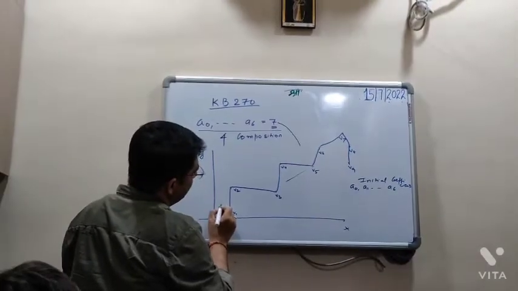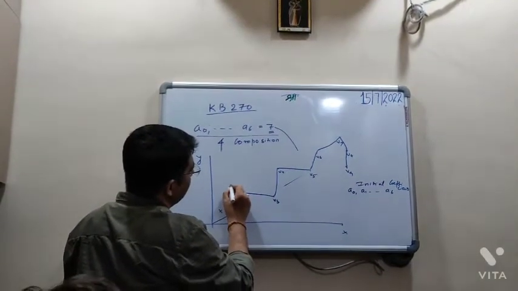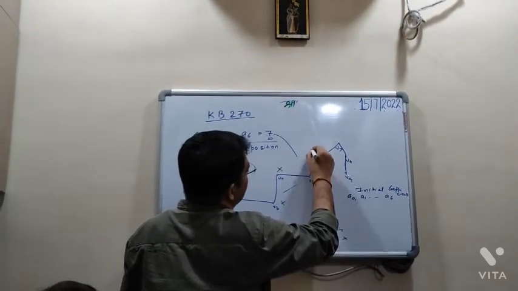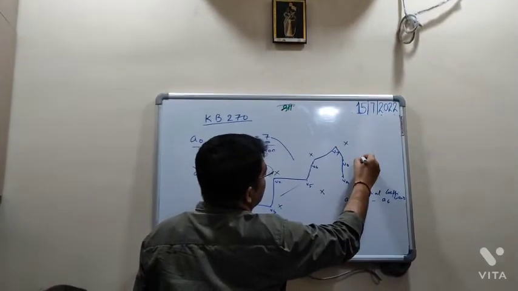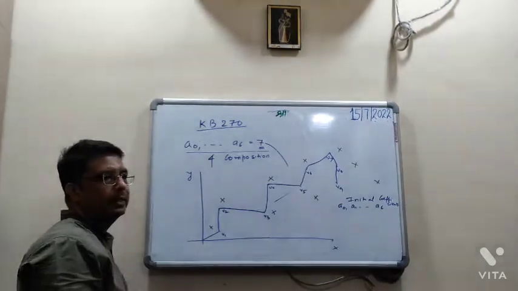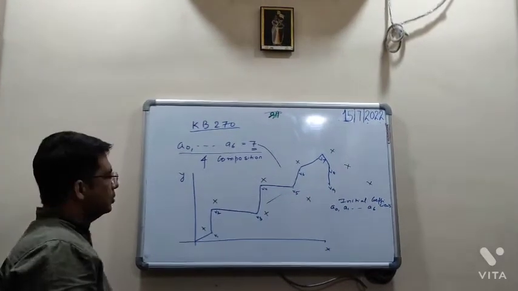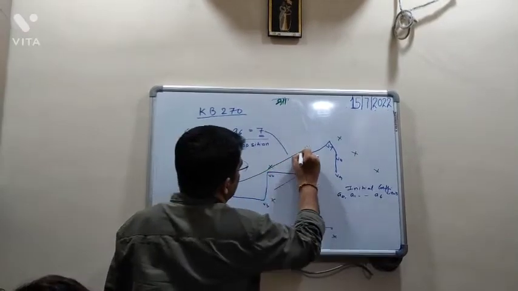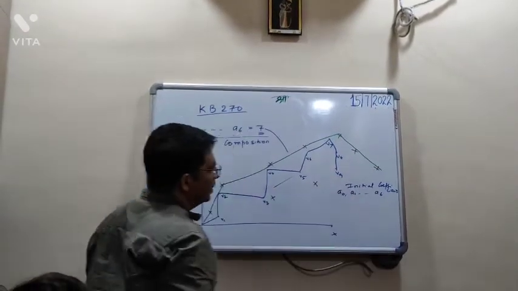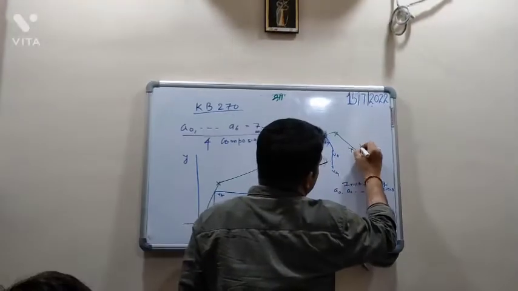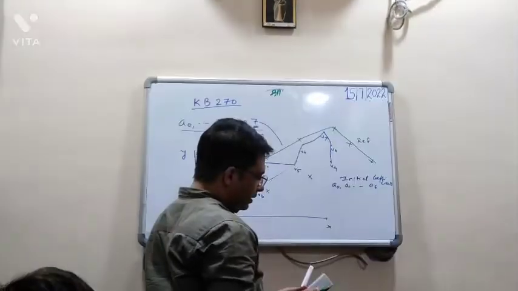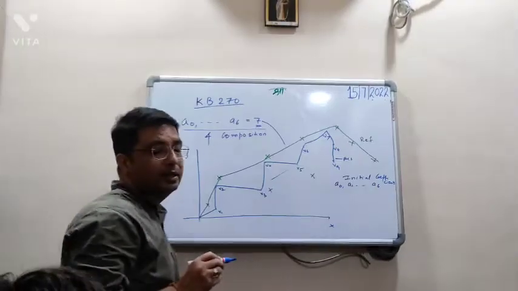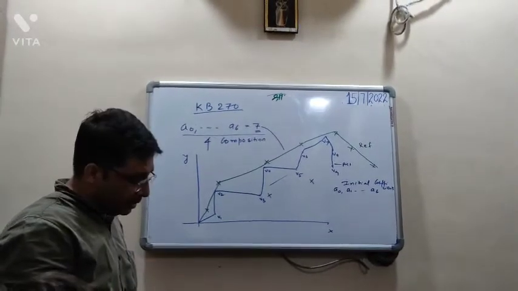Now let's say we have other values somewhere here. There is something like that, right? So I can also plot this. This is a reference value. This is the actual value given by the instrument, right?